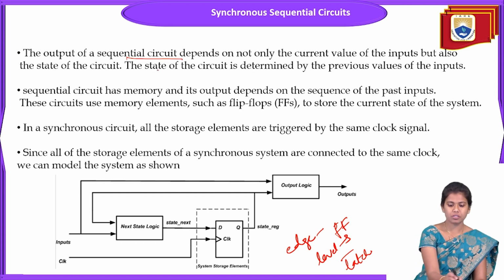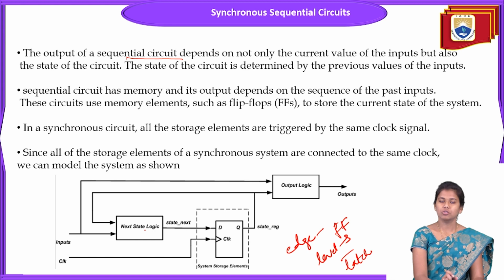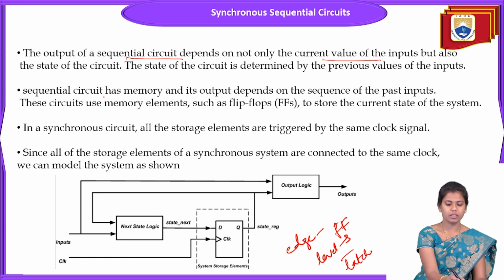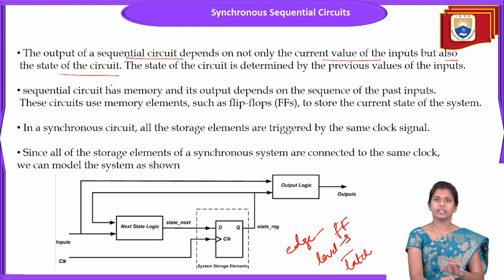The output of sequential circuits depends not only on the present value of the input, but also on the state of the circuit. It doesn't depend only on the present input, but also on the state.